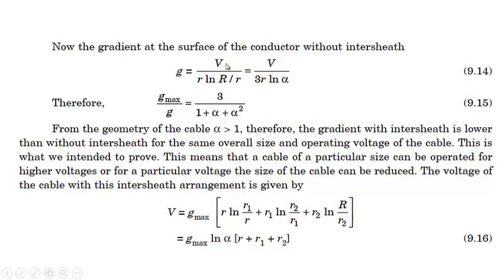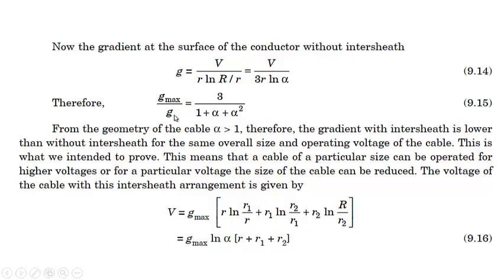So this G will be equal to V divided by R ln of capital R by R, but this capital R by R, as we know, is equal to alpha cube, so it will be R ln of alpha cube. That cube will be multiplied to this, and it will be equal to 3R ln of alpha. So this is the value of the gradient without intersheath.